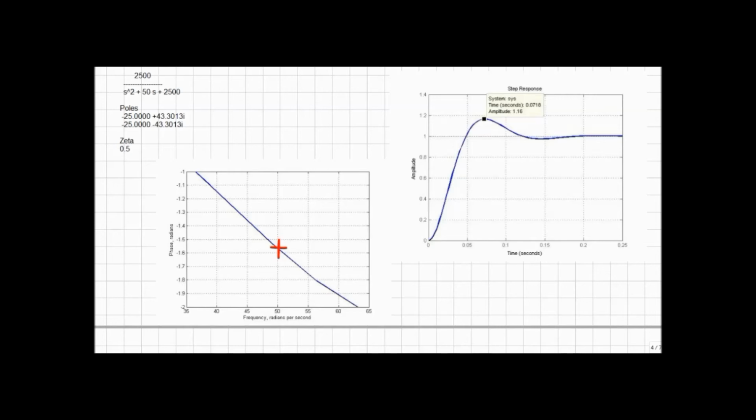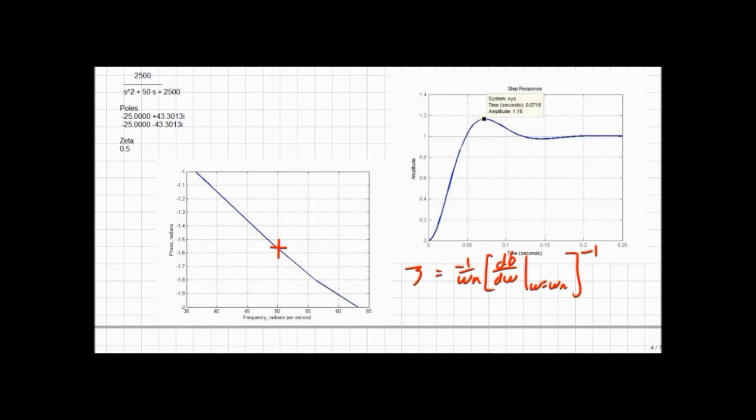And I can say that zeta equals minus 1 over omega n times d phase by d omega evaluated at omega equal omega n, and the inverse of that. So it's really the change in omega with change in phase.